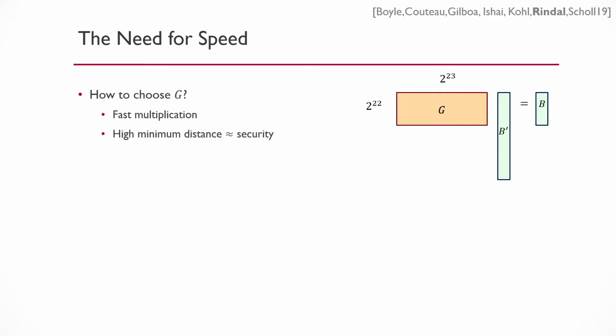As I said, we want fast matrix multiply, but the critical property, at least necessary, is that this G matrix has high minimum distance. This impacts the best attack algorithms. As long as your G matrix has high minimum distance, which means a generator matrix for a good error correcting code, with a few exceptions, we believe security to hold.